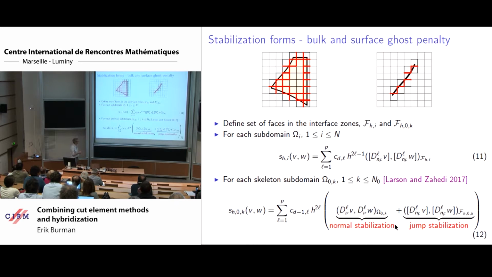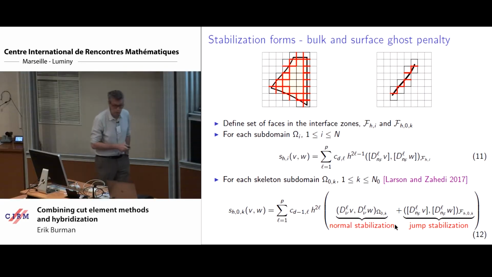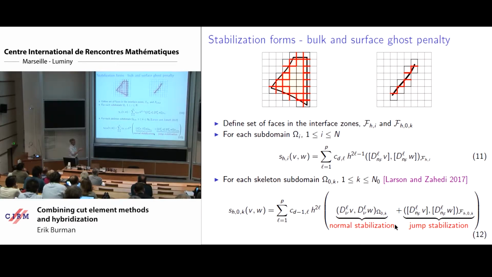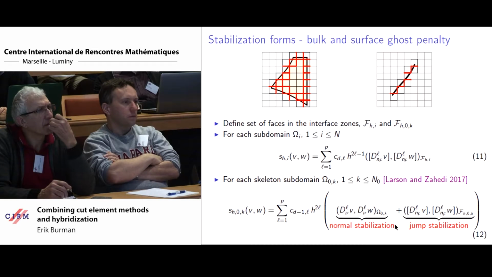So we chose here to use this variant introduced by Larson and Zahedi, which stabilizes the jumps between the elements, but also the normal derivatives from the trace. So together these will ensure coercivity on the bulk mesh domain.